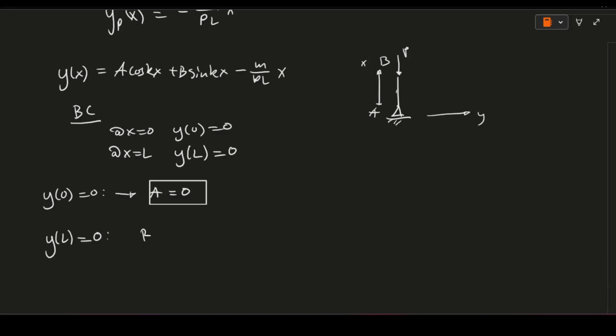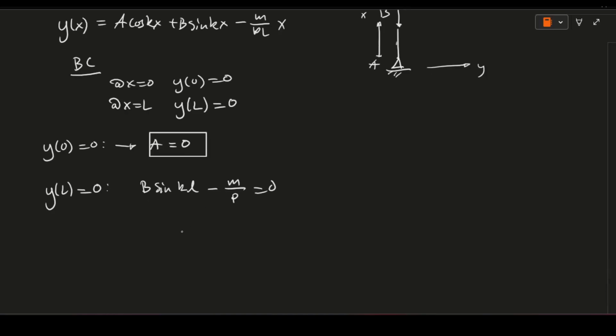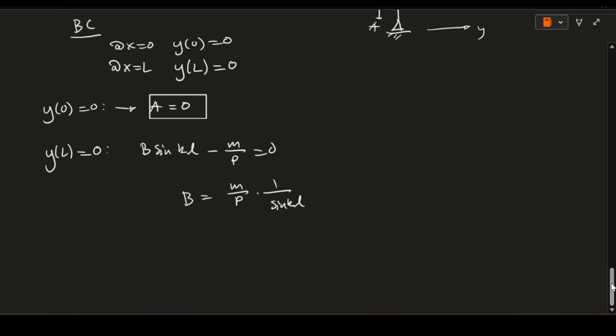We get B sine KL minus M over P equals 0. We solve this for B, we get M over P times 1 over sine KL. Okay, easy enough.